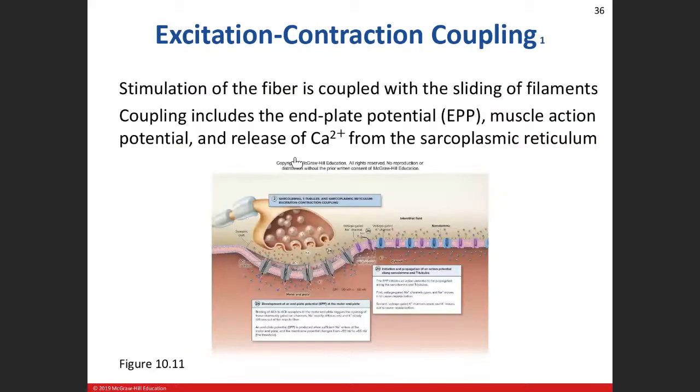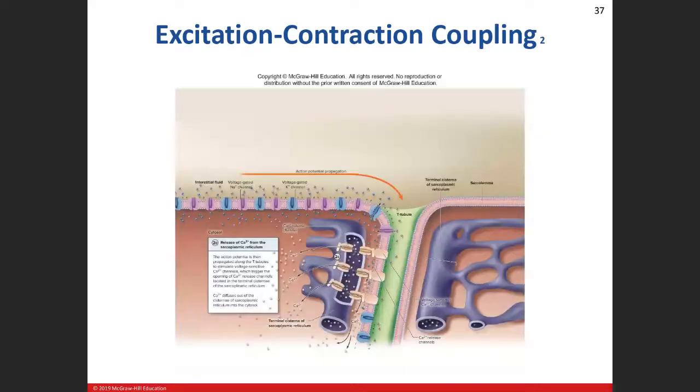So we're eventually going to generate our muscle action potential. It's going to go along, down the plasma membrane, and it's going to find a T-tubule. It's going to travel down the T-tubule until it encounters these voltage-sensitive calcium channels that will trigger the opening of the calcium release channels.